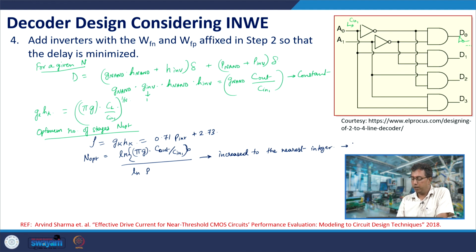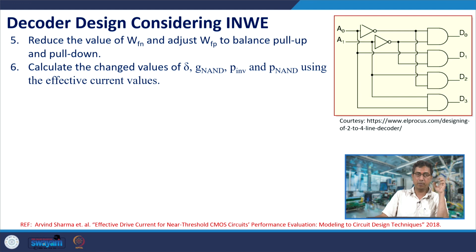Till now, it is the conventional logical effort method, which is given by Sutherland, Sproull and Harris. Now, we modify the method considering that this is a near threshold circuit. With inverse narrow width effect, threshold voltage changes a lot, and therefore, the overdrive would change a lot.